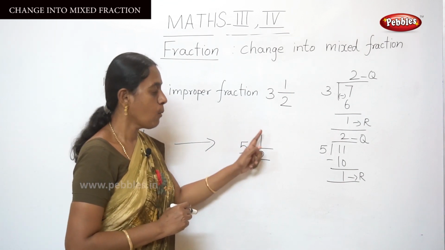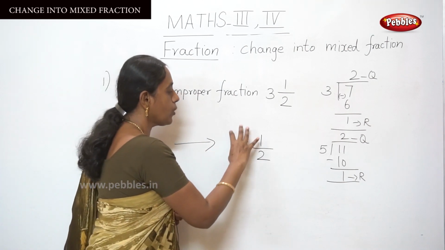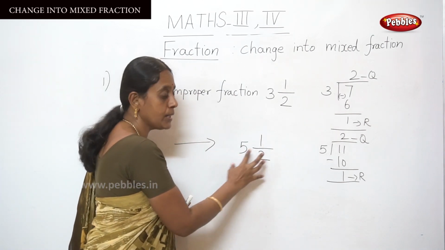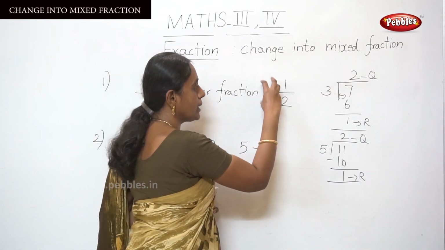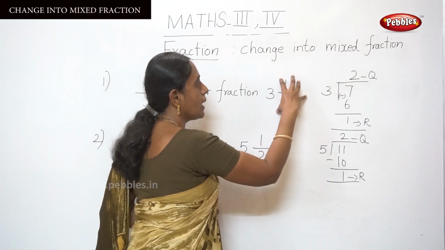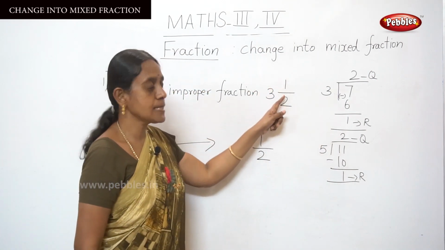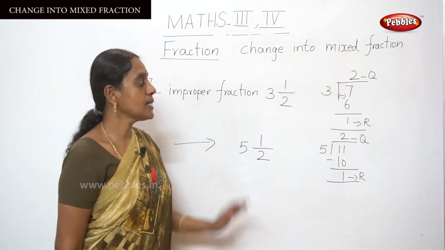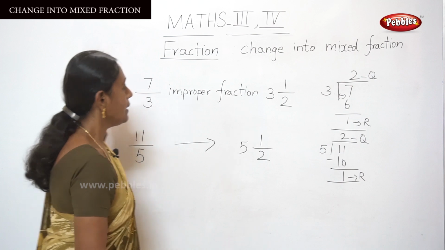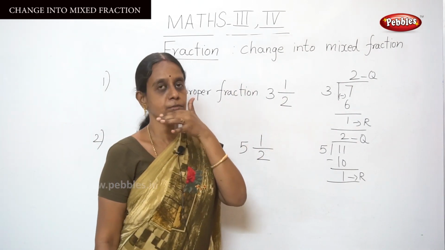A mixed fraction is a combination of one whole number and a proper fraction. Here also 3 is a whole number, combined with a proper fraction. A proper fraction is one where the numerator is smaller than the denominator, here and here. So thus we have changed the improper fraction into a mixed fraction.